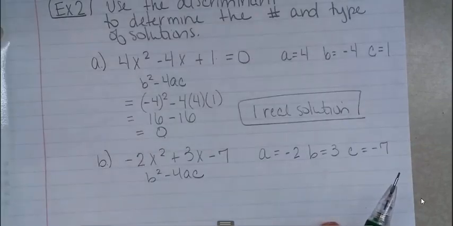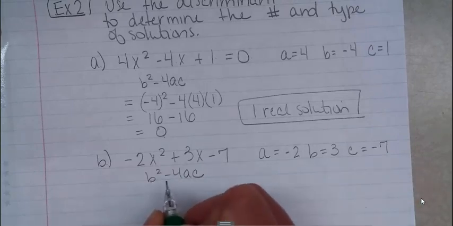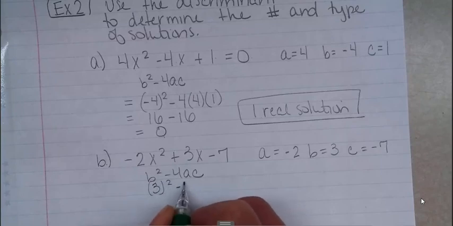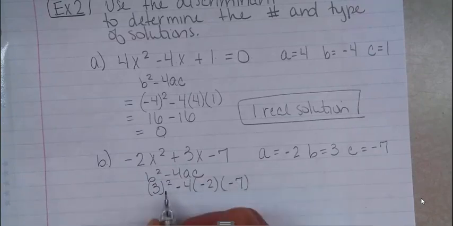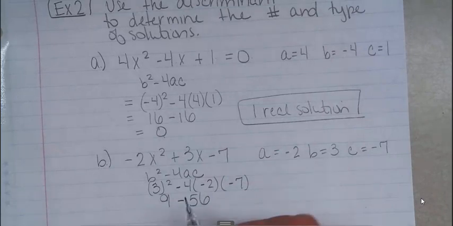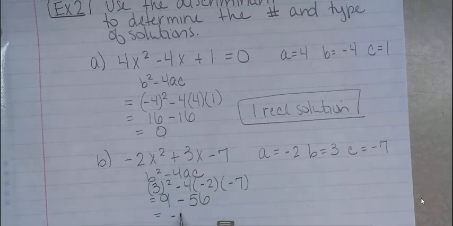Okay, so b squared minus 4ac, let's see, I'm going to do a 3 squared minus 4 times a is negative 2 times negative 7. So I get 9, and that's going to be minus 56. So that's going to end up giving me negative 47, right? 9, 56, yep.